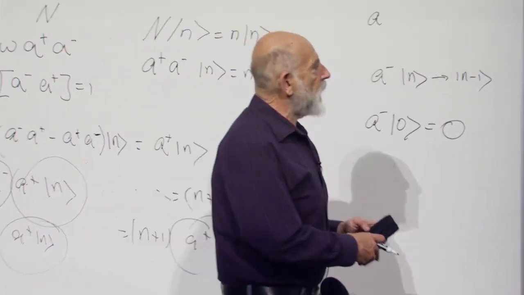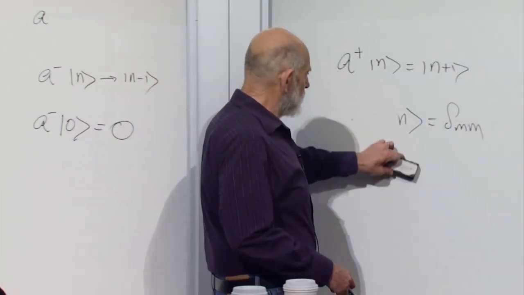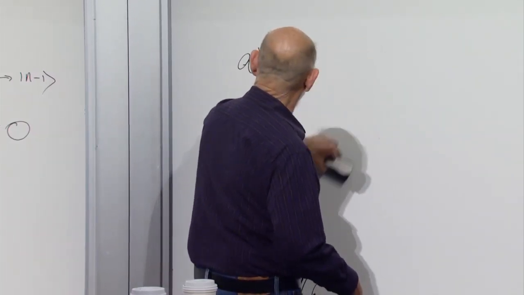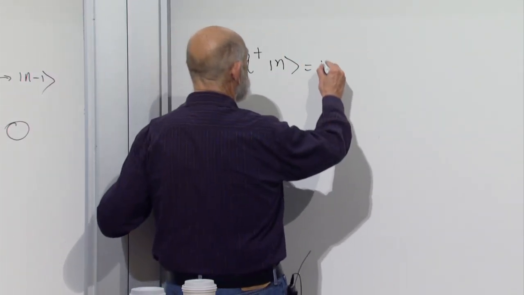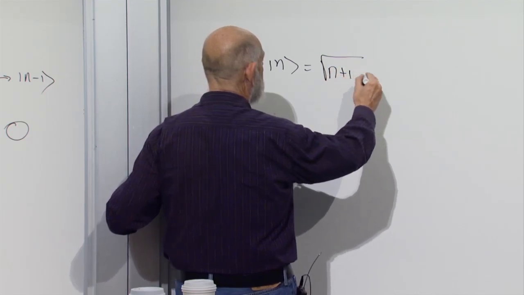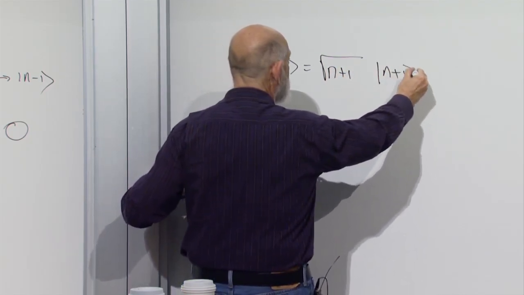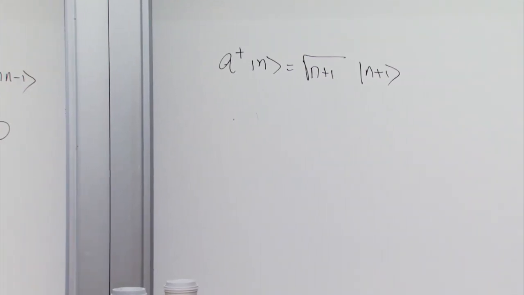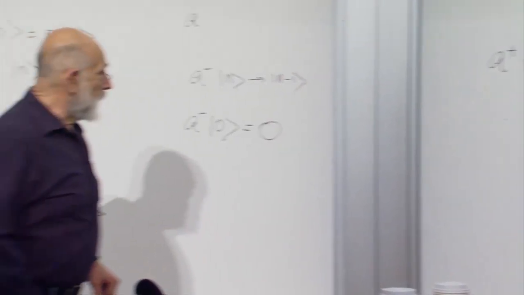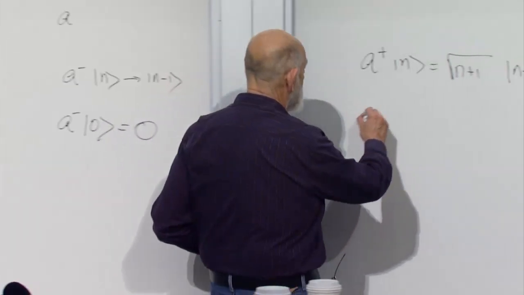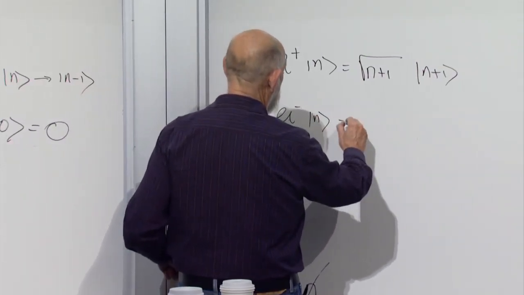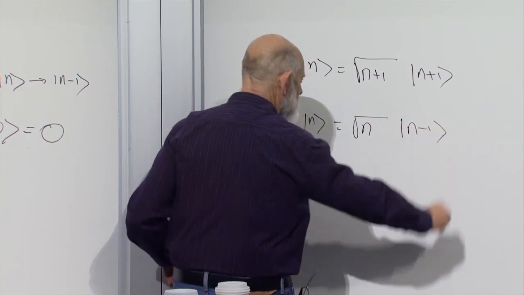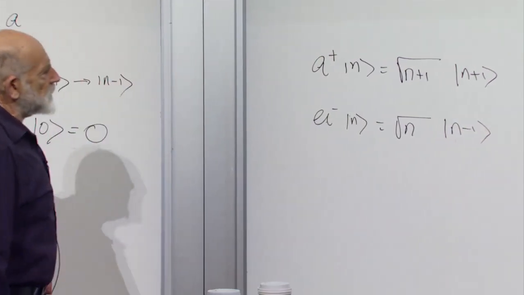And if we wanted to keep track of that numerical factor, I'm quite tired now and I think we have to quit. But there is a square root of n plus 1 here times n plus 1. Now try your trick again and see what you get. And I think it's also true that A minus on n gives you square root of n times n minus 1, if I'm not mistaken. I think that's correct.